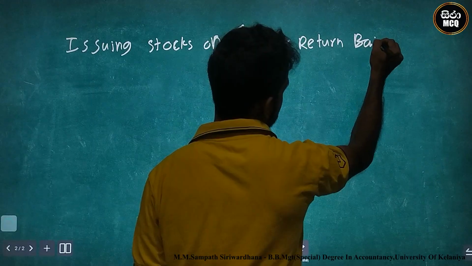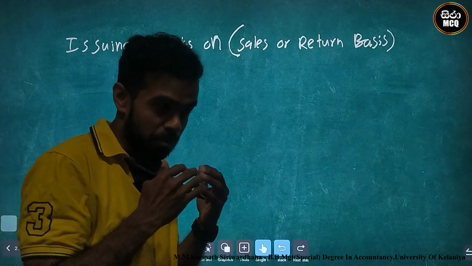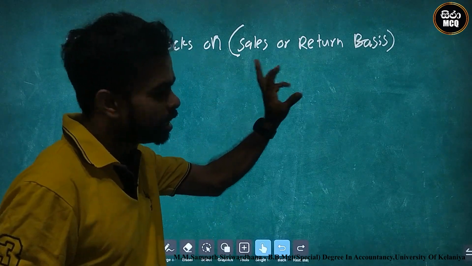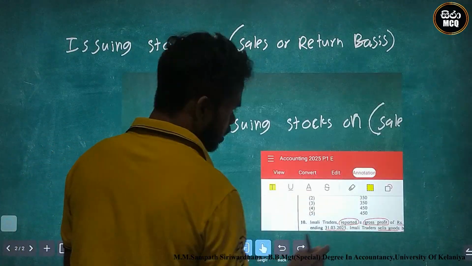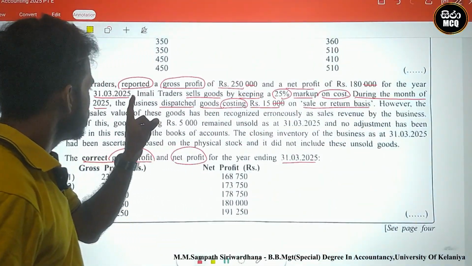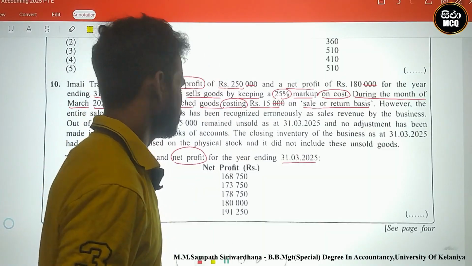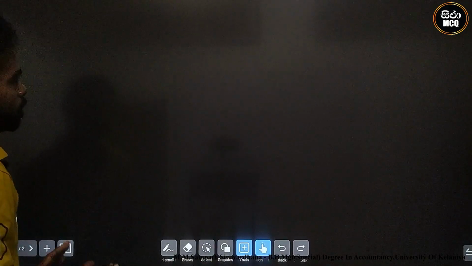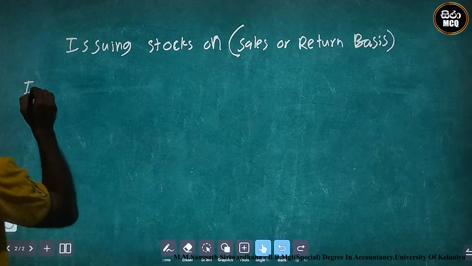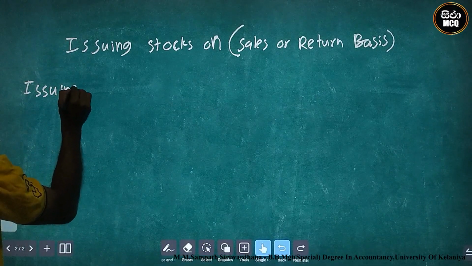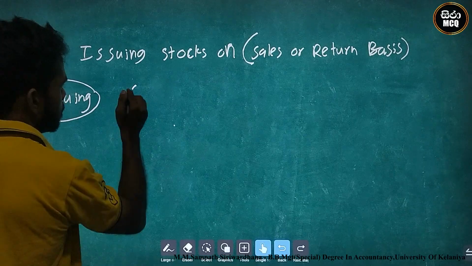What is the information there? There is a value. The business dispatched goods costing 15,000. This is the issuing of some goods. The cost is 15,000.